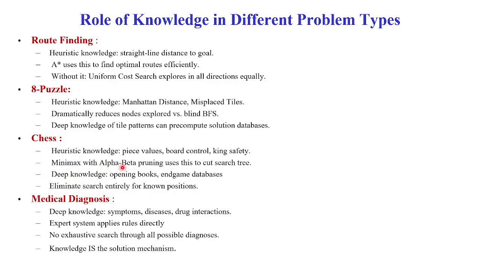So by using this kind of alpha beta pruning, it eliminates the search entirely for known positions. So when you talk about medical diagnosis, if you have a deep knowledge about the symptoms, diseases, drug interactions, you can use expert systems to apply the rules directly. So you don't have to go and do the exhaustive search through all possible diagnoses. So here the knowledge is the solution to the mechanism.